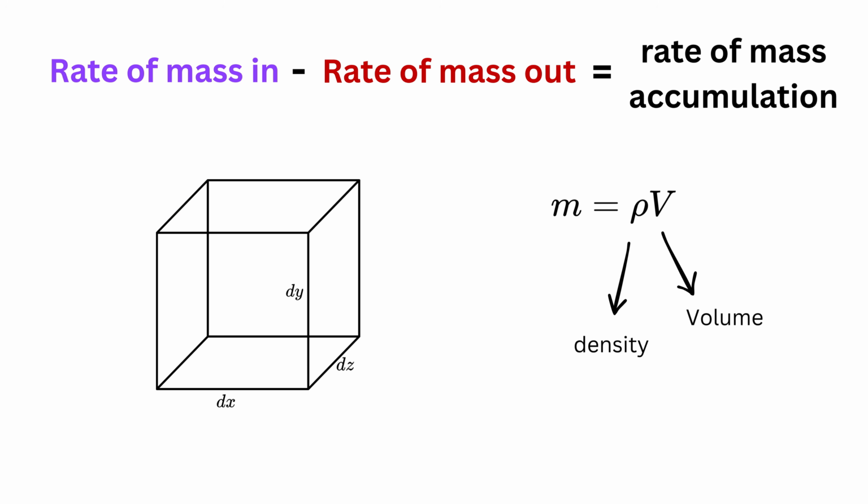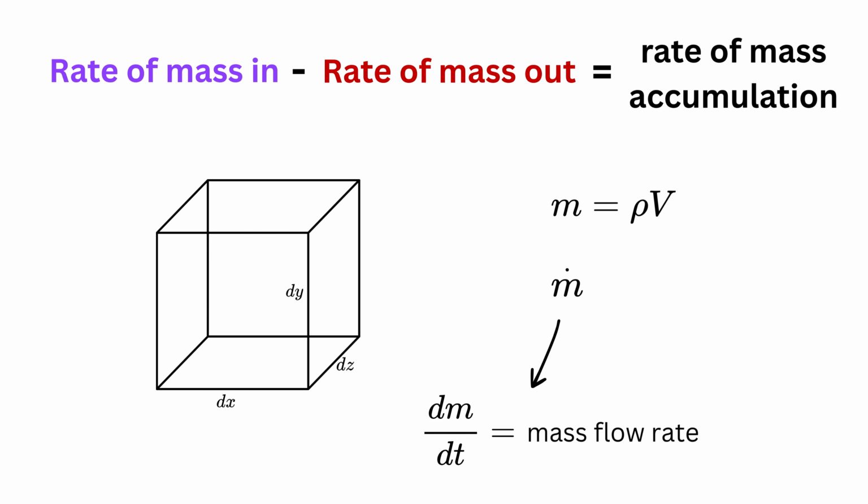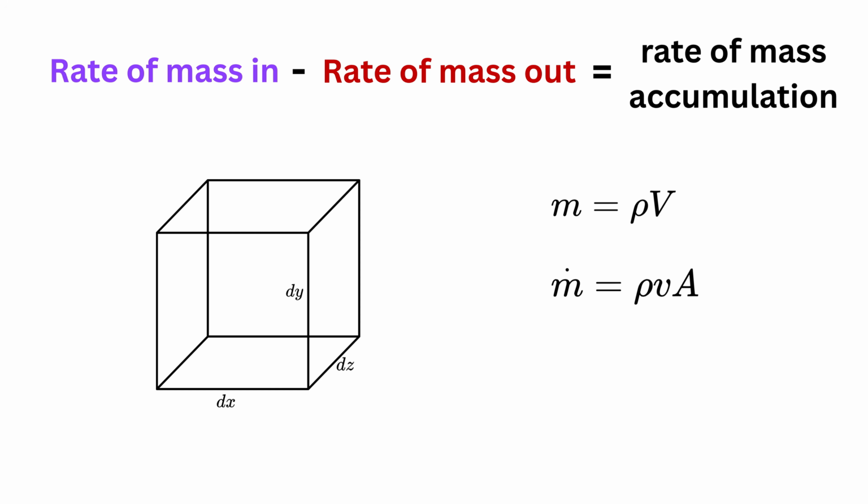Now, using the fact that mass equals rho times v, the mass flow rate is given by density multiplied by velocity multiplied by area. But we must be careful, because velocity has direction. So, only the component of velocity perpendicular to a face contributes to flow through that face.